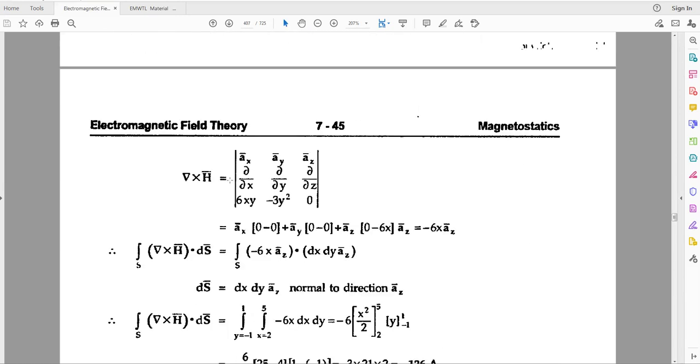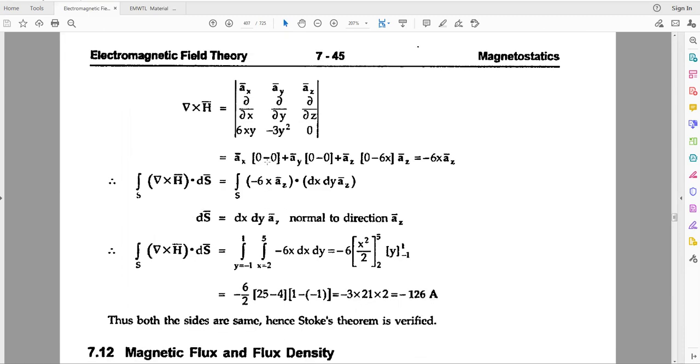Now del cross h bar in the Cartesian coordinate system: the ax coefficient is 6xy and the ay coefficient is minus 3y. Apply the del cross: the ax bar coefficient is 0, and the dou by dou z of this function is also 0. Minus ay bar.